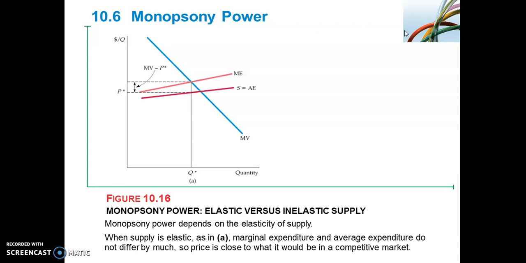So in part A of the figure, you can see that the supply is the average expenditure curve, and you can see that it's nice and flat. So it is very elastic, right? Also see the difference between marginal value and price. The difference between the marginal value at that point and the price that the monopsonist would get, MV minus P star, is relatively small.